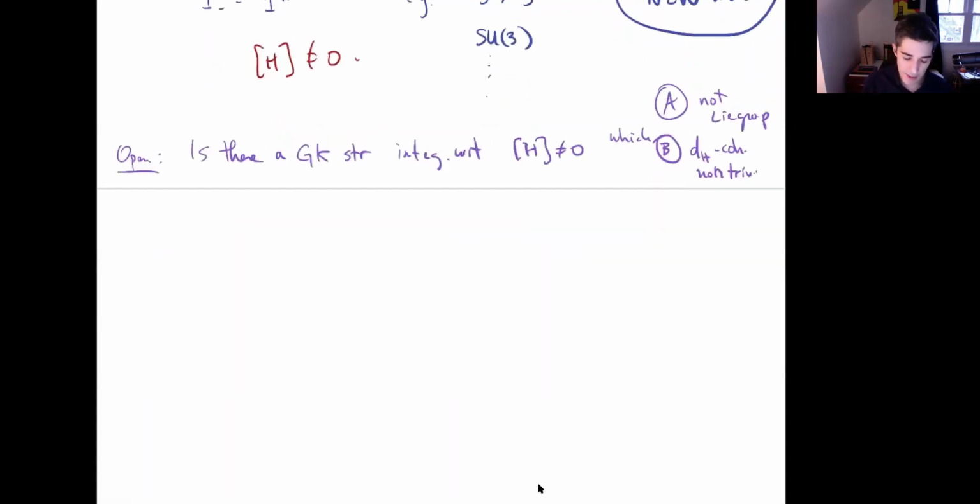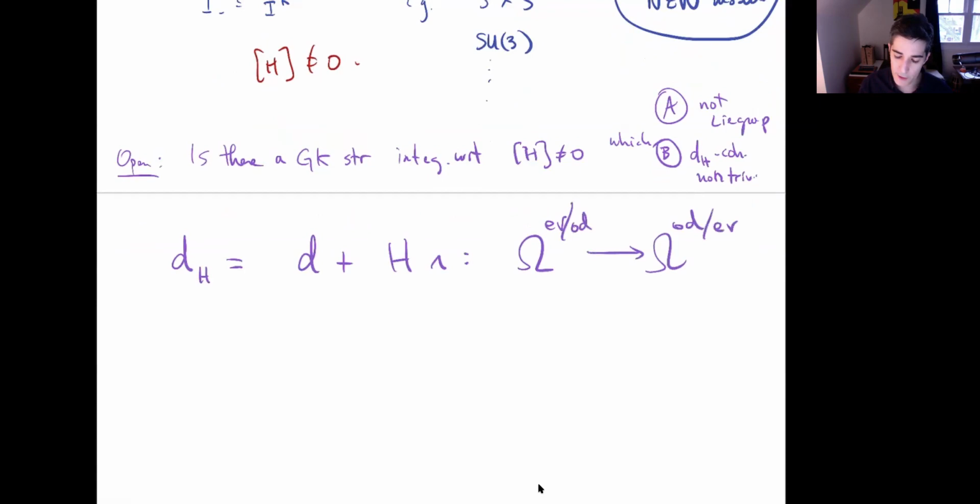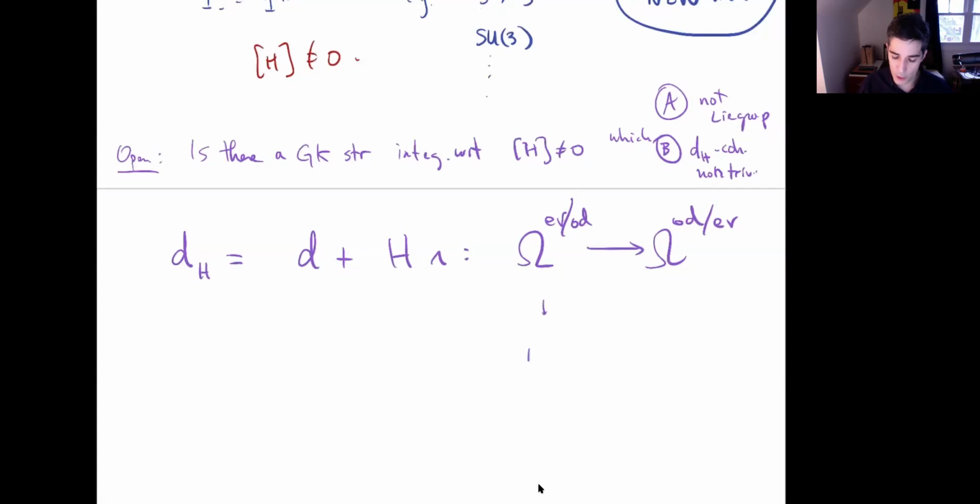So what I mean by that is that this operator DH, which is d plus H wedge, is an operator from even to odd or from odd to even de Rham forms. And this leads to two cohomology groups, the H even and the H odd.